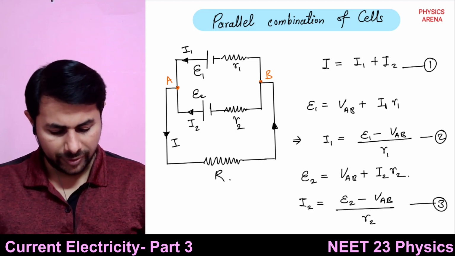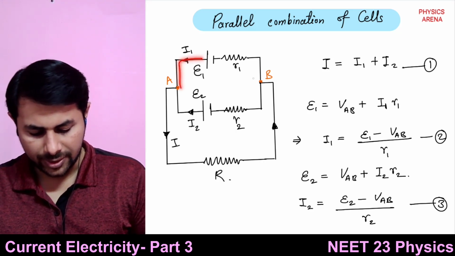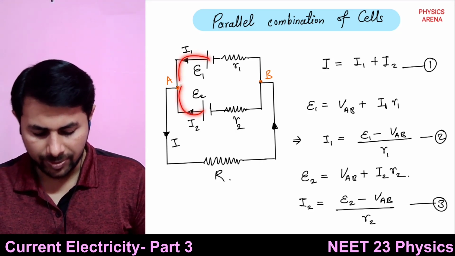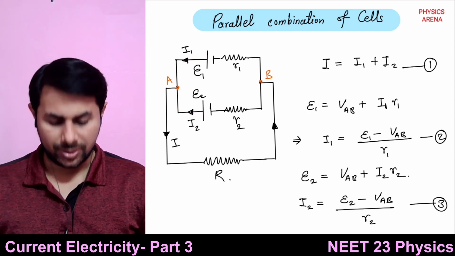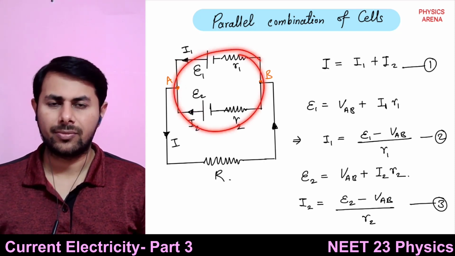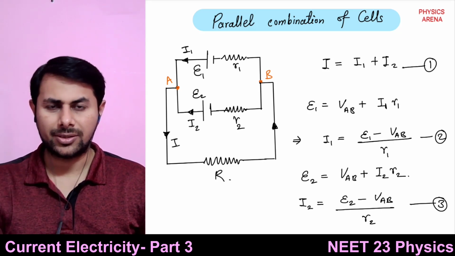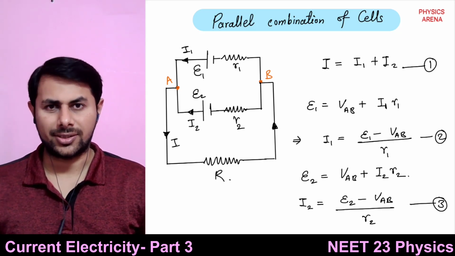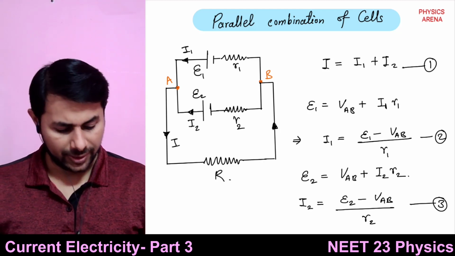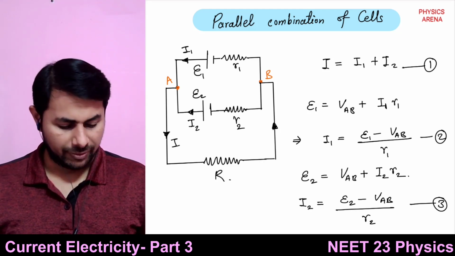Similarly we can say the total current I1 plus I2 is equal to the total EMF minus the potential difference, divided by the total resistance. Can we say that?